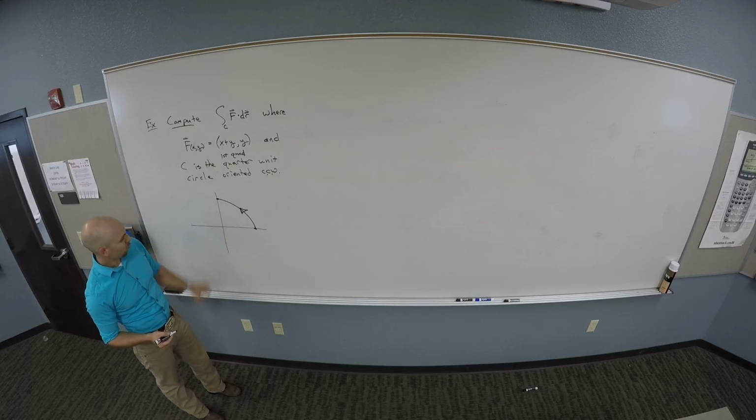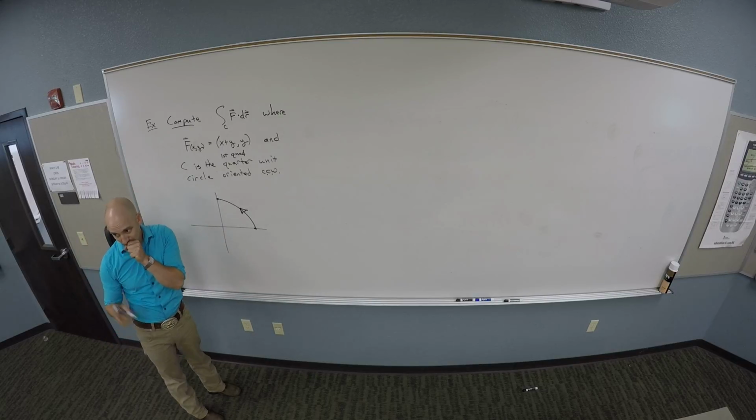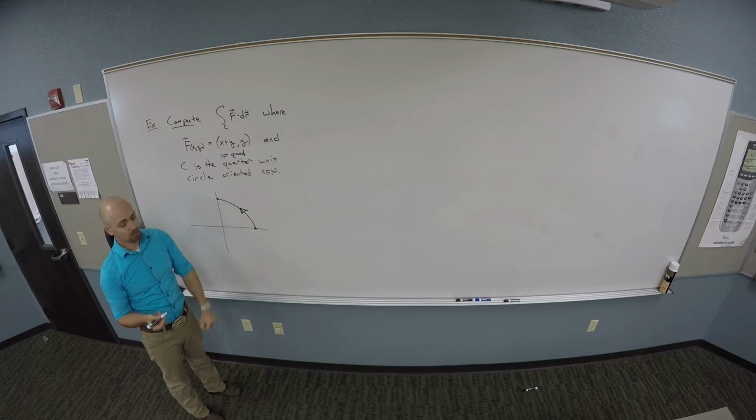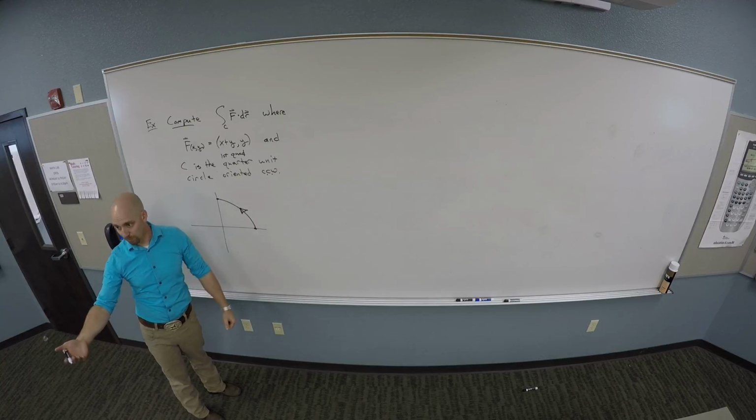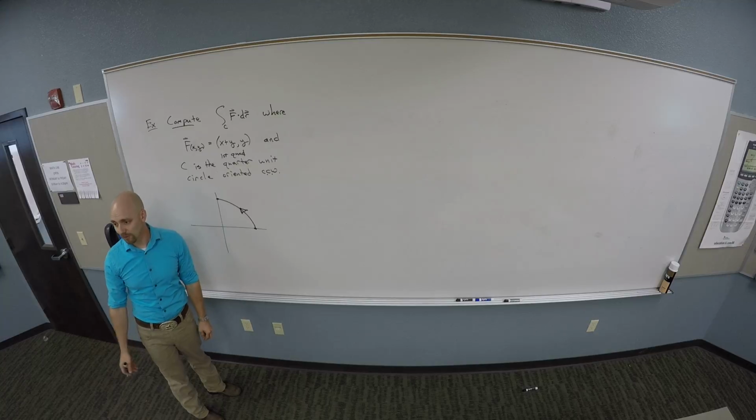Let's see. Theta from 0 to pi over 2. You have already moved to a parameterization.